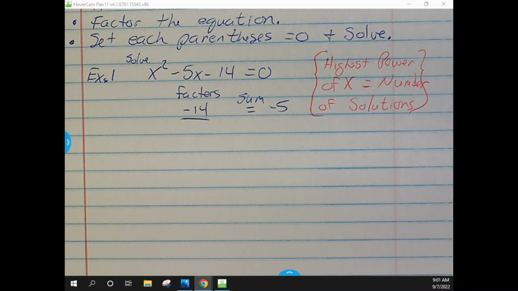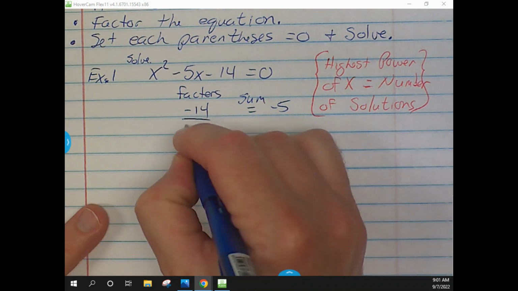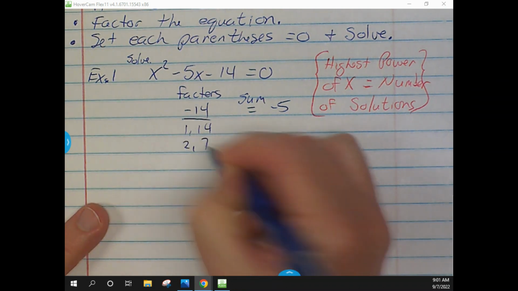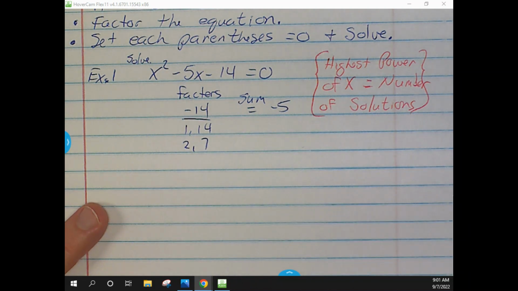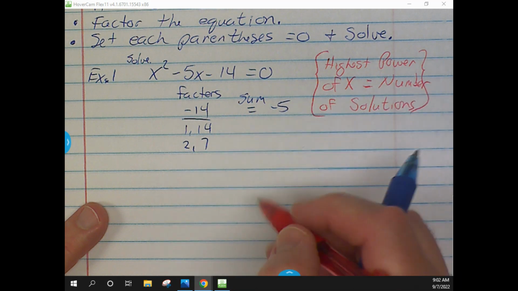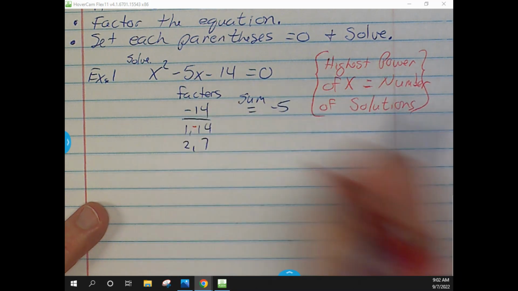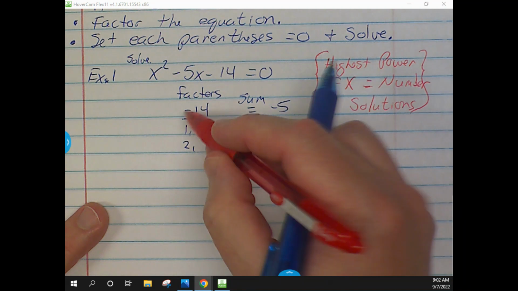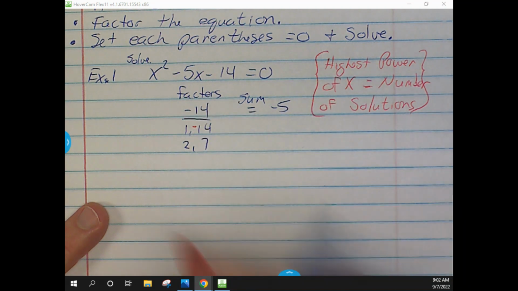Okay, so for this one, all right, Will, how do we know what signs are which when we go through our factors? We got 1 and 14 and 2 and 7. How do we know which sign goes with what and where? The negative goes with the bigger number, right? So we'll put a negative there. Then a negative divided by negative makes the other number a positive.